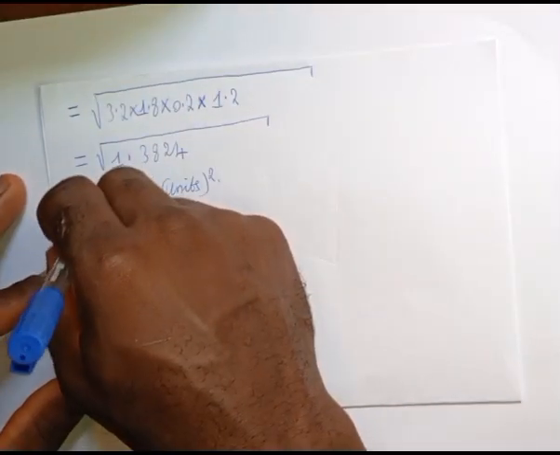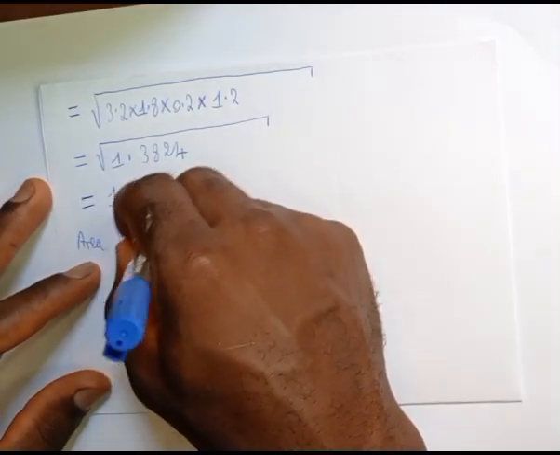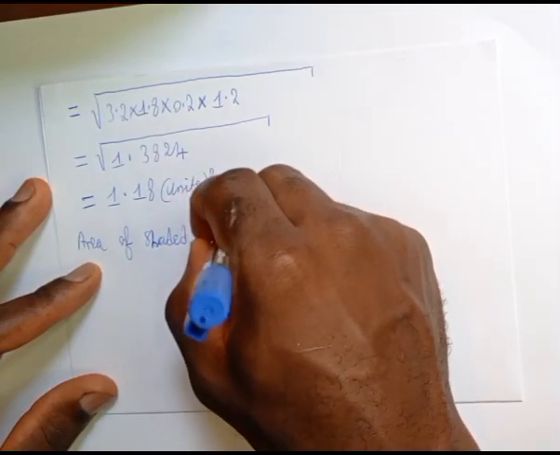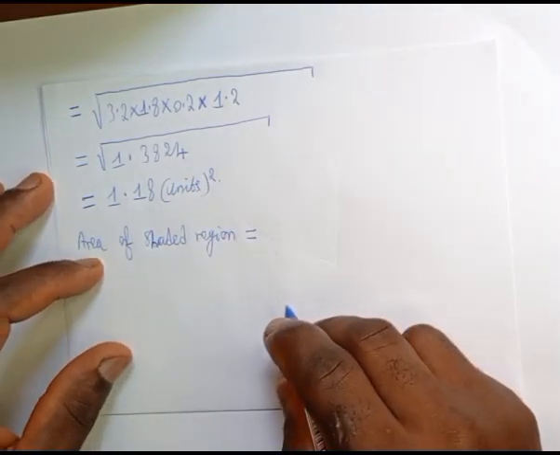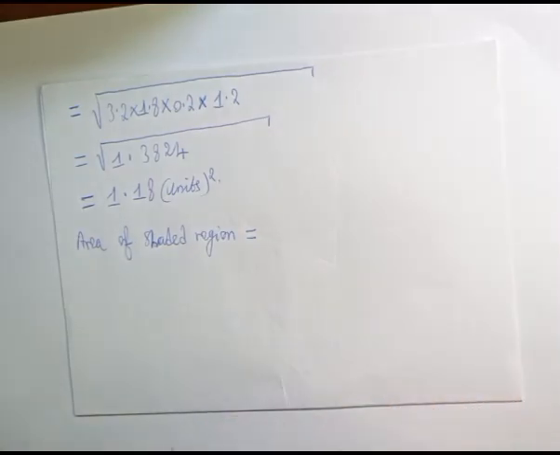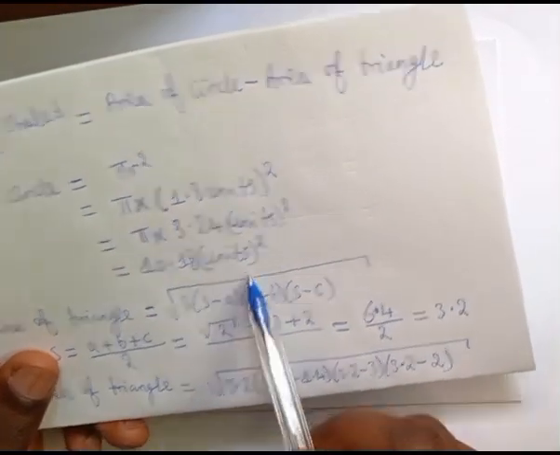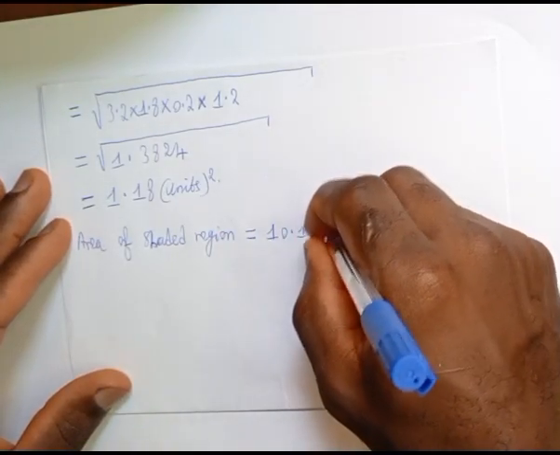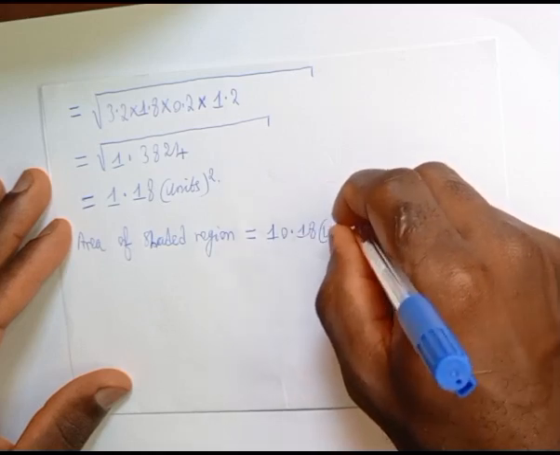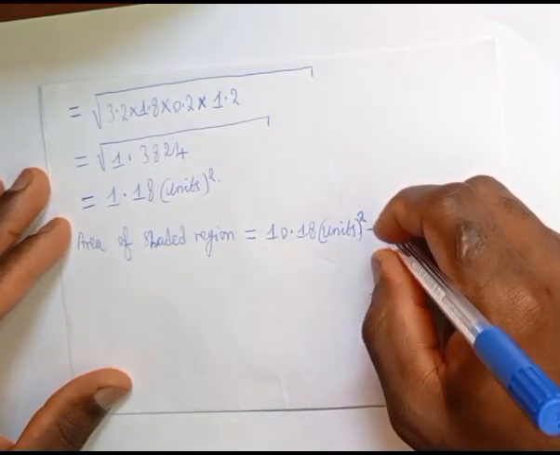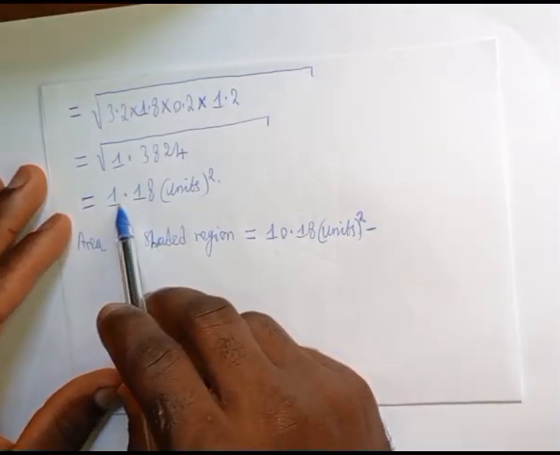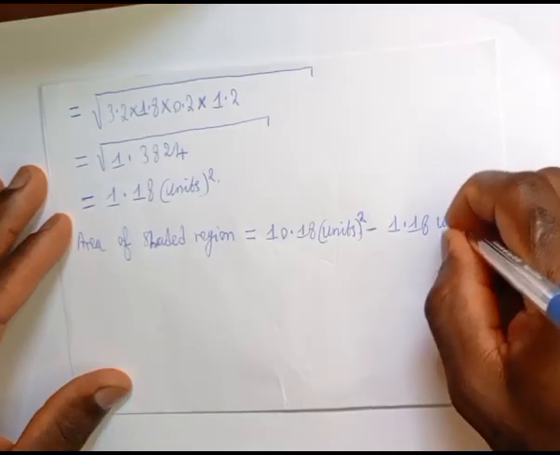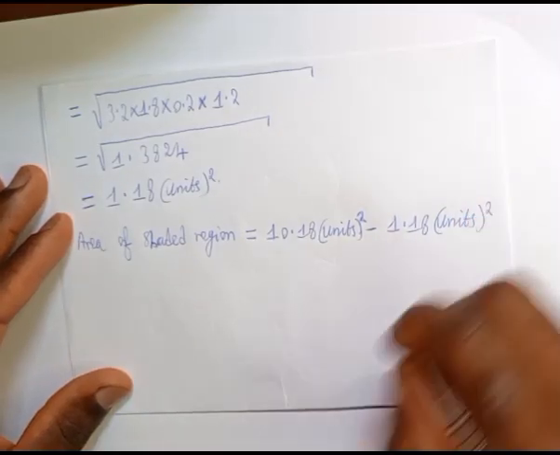Now we can find the area of the shaded region, this area. The area will simply be equal to the area of the circle, which we had as 10.18 units squared, minus the area of the triangle, which is 1.18 units squared.